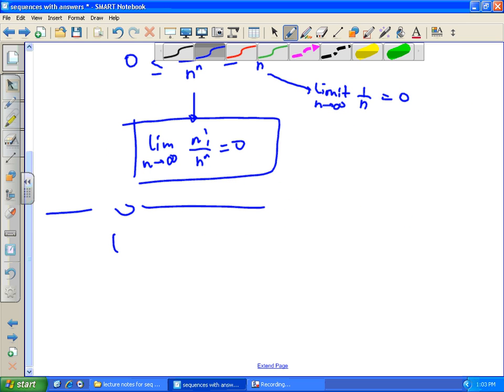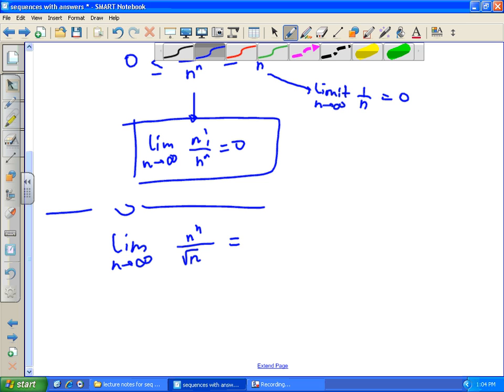Say you have the limit as n goes to infinity of n to the n over square root of n. What do you think the answer would be? Infinity, right? As Chris suggested, because the top grows much faster than the bottom. Again, if you think of that inequality, root n is way to the left-hand side of that inequality.